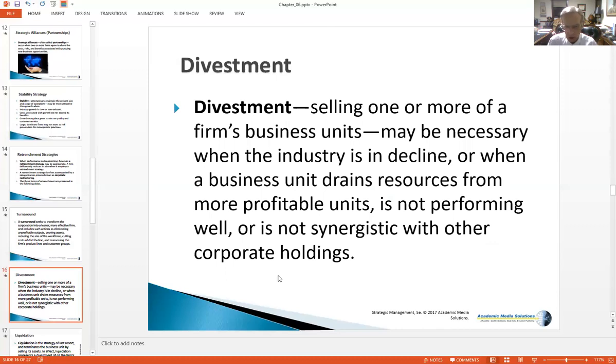Divestment is what I talked about earlier. A unit of the business isn't performing well, and so a division or a subsidiary of a large corporation could be sold to another company that could make use of that business because it fits that buyer's strategy.